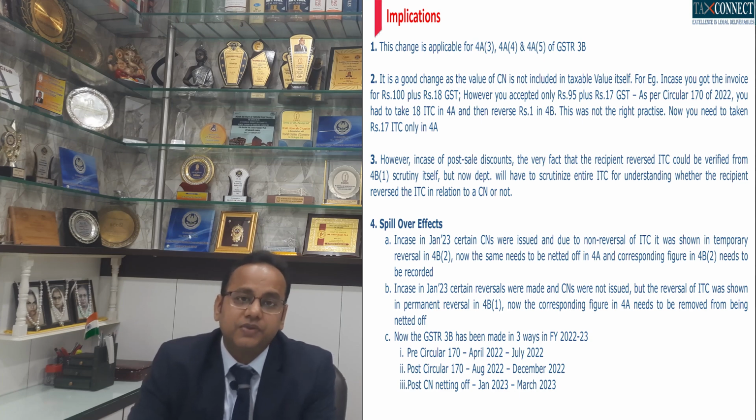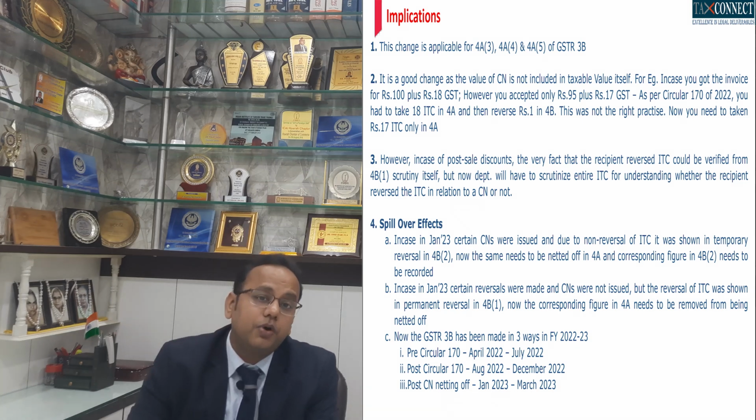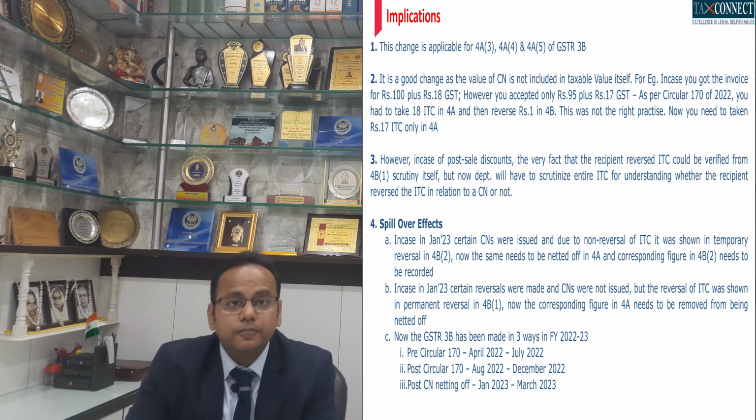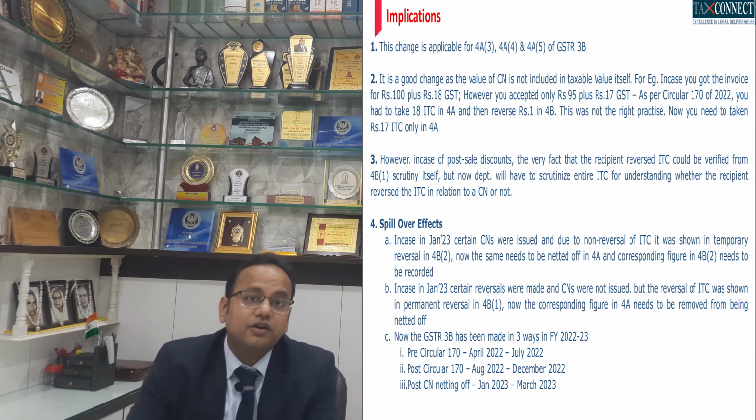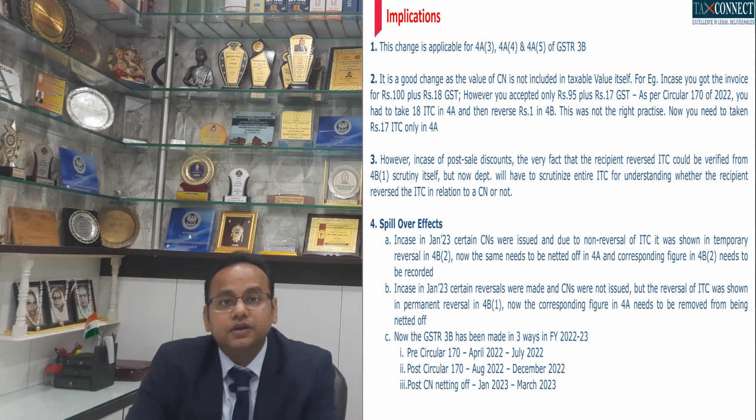result of this change. Say for example, you received a credit note in the month of December 2022 for which you have filed a return in 3B in January 2023, but you have not taken the effect of the credit note in your purchase register. Then the credit note would have auto-populated in your 4B2 and you would have let it remain in 4B2, right?